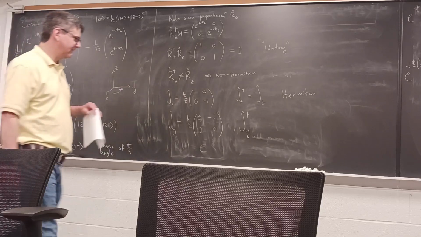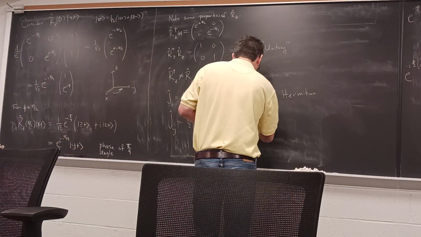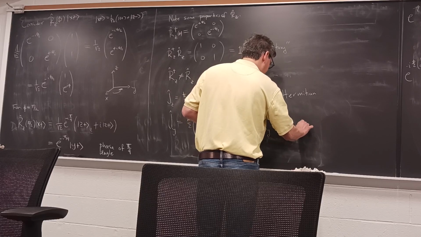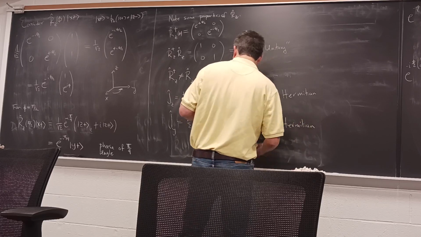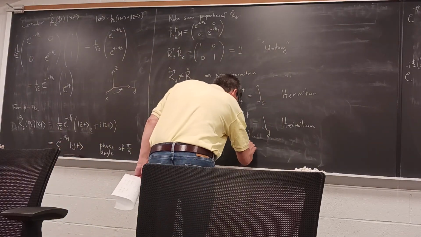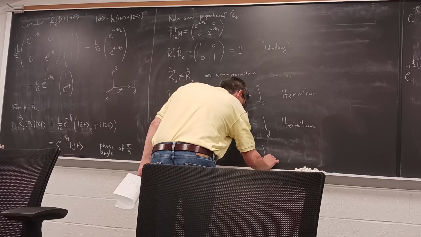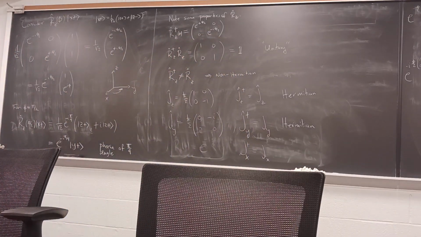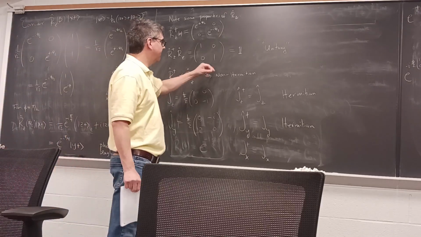So Jy is Hermitian, and Jx is Hermitian also. Okay, so the J's are Hermitian matrices. The rotation matrices are not Hermitian, but they're unitary.